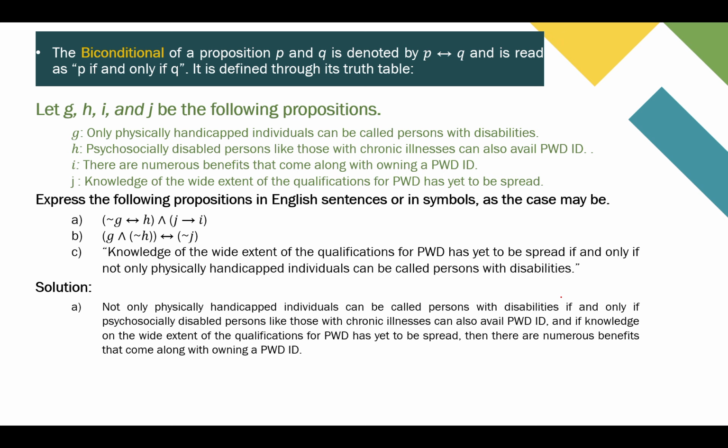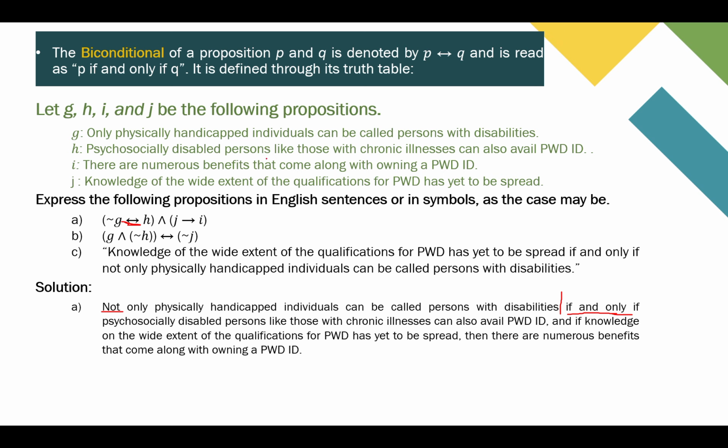Let us cut it here. This is proposition G. And then, we have the tilde, because it has a not. We have the not because it has a tilde symbol. Okay. If and only if, that is under biconditional. What is our H?